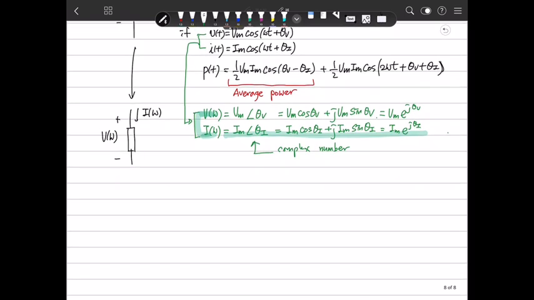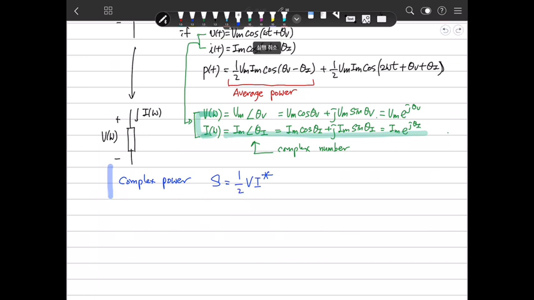Then the newly defined complex power S is defined in this way: the voltage phasor times the current phasor conjugate. We call this the complex power.